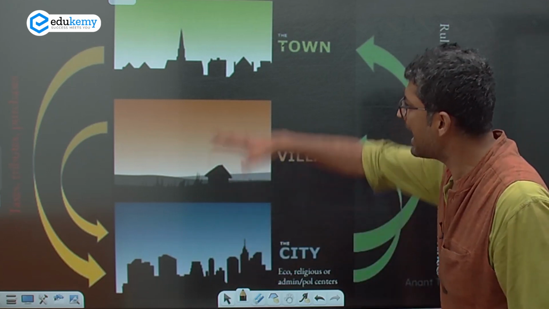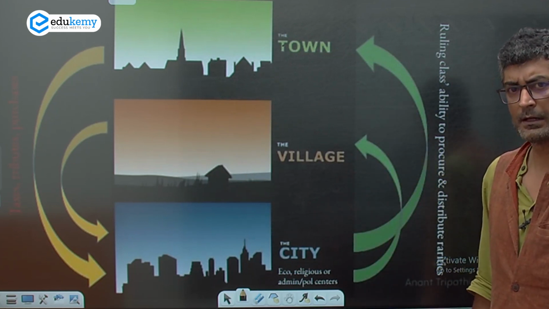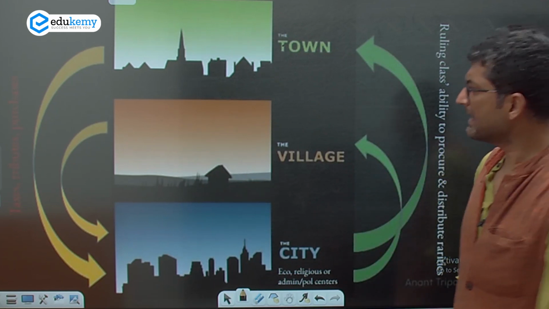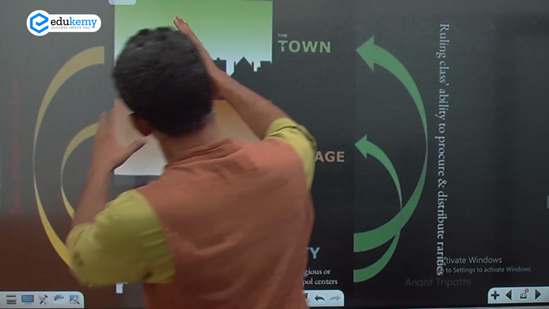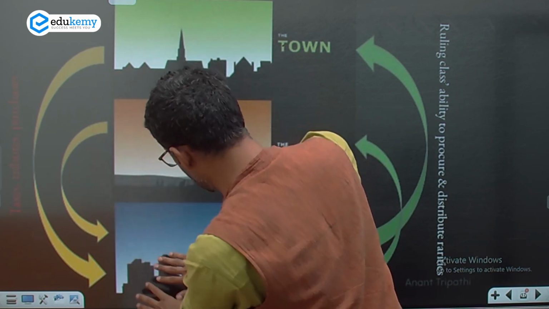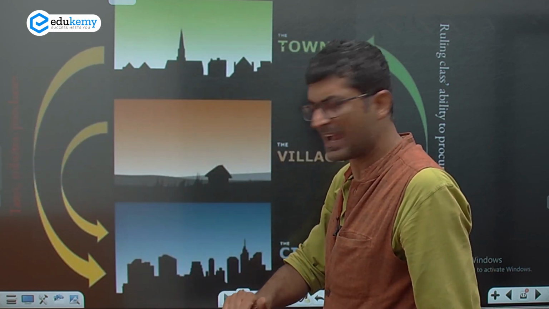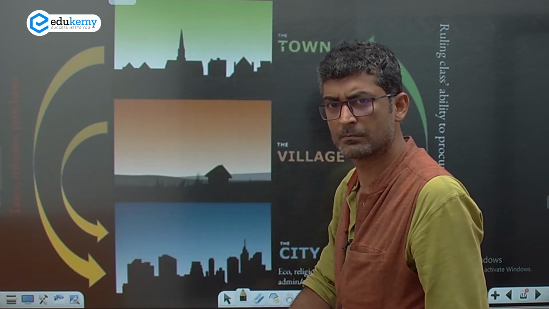And they all had a very interesting interrelationship. If you look at it, the towns and the villages sent their surplus to the cities as taxes, as tributes.